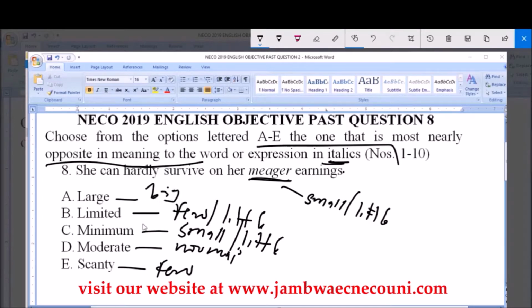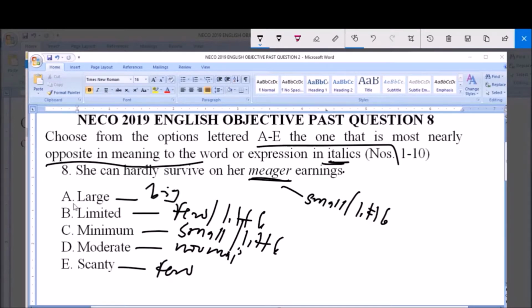So when we look at these options, meager is small and the opposite of small is big. Large can replace small, and serve as the opposite. Therefore large is our correct option in this question. So option A is correct.